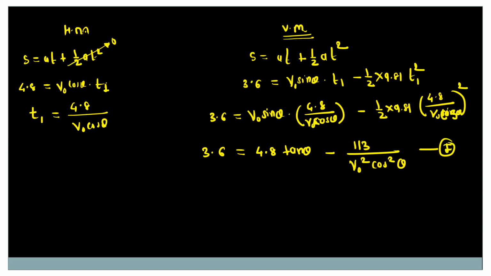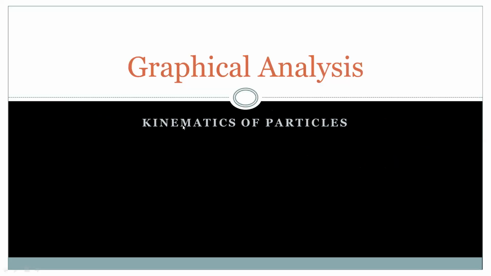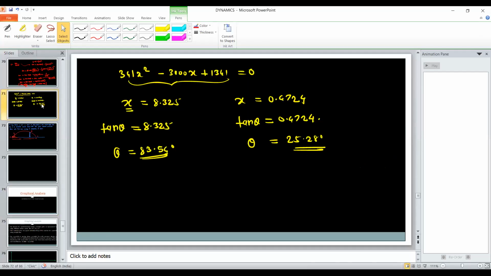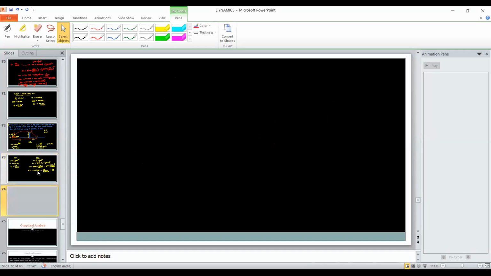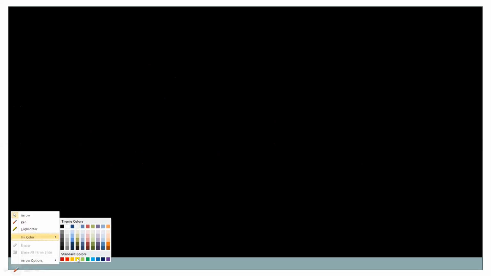Now consider the complete motion A to C. So for the motion A to C, refer to this diagram.